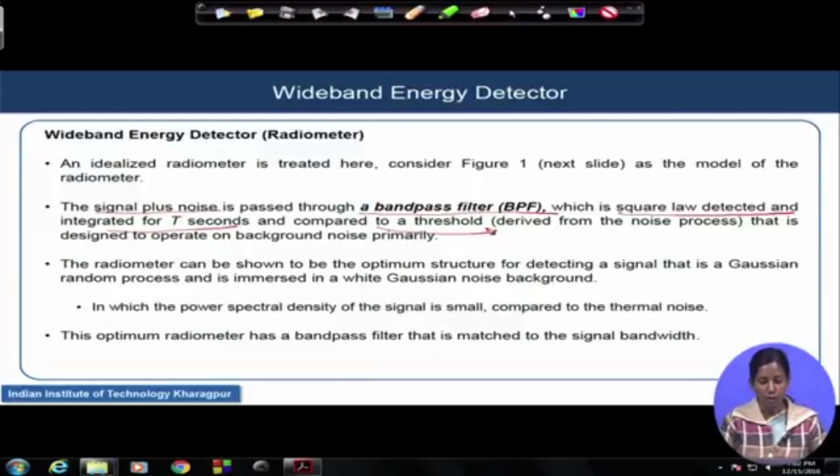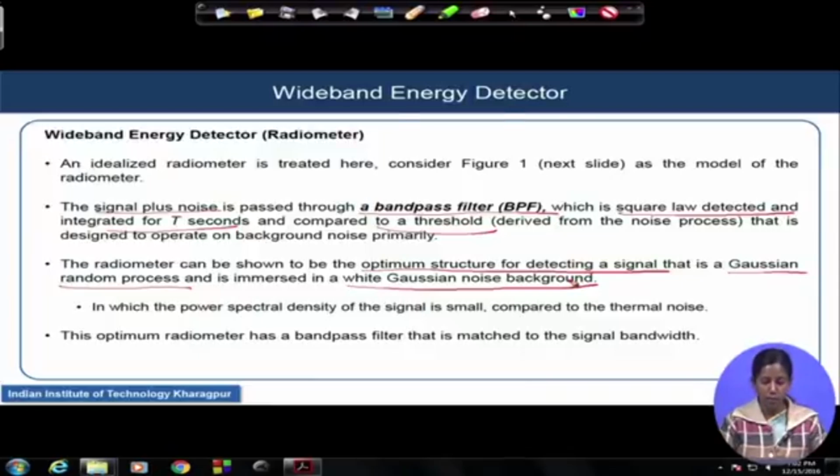As I have also told you, this radiometer can give you an optimal structure for detecting any signal if the signal is a Gaussian random process, and it is superimposed over a wide Gaussian noise background. So, under the Gaussian assumption itself, this radiometer can give you an optimal structure for detecting a signal.